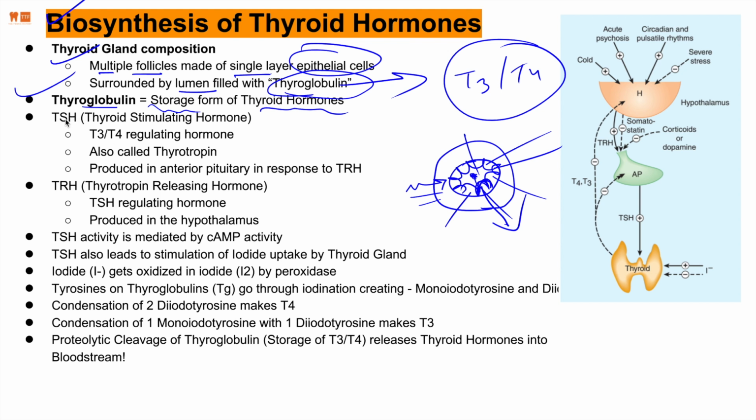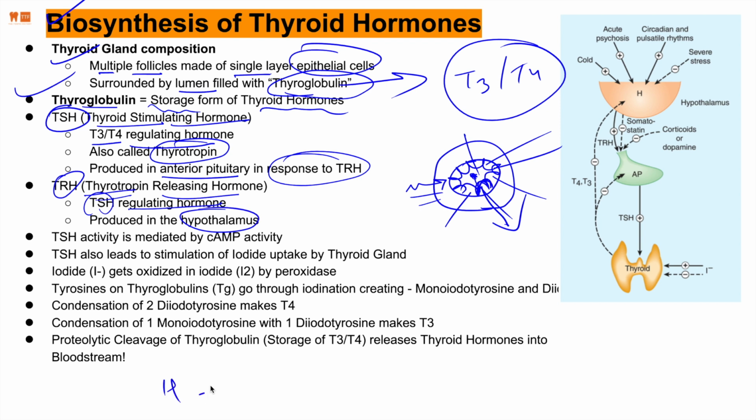TSH is the thyroid stimulating hormone. The T4, T3 regulating hormone, also known as thyrotropin, is produced in the anterior pituitary in response to thyroid releasing hormone. Thyroid releasing hormone is also known as thyrotropin releasing hormone. It's a TSH regulating hormone, and it's produced in the hypothalamus.